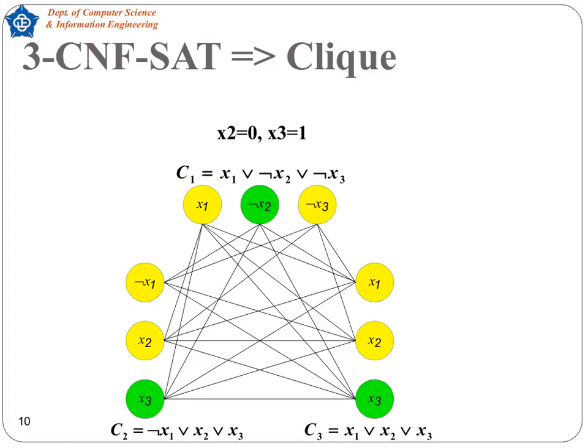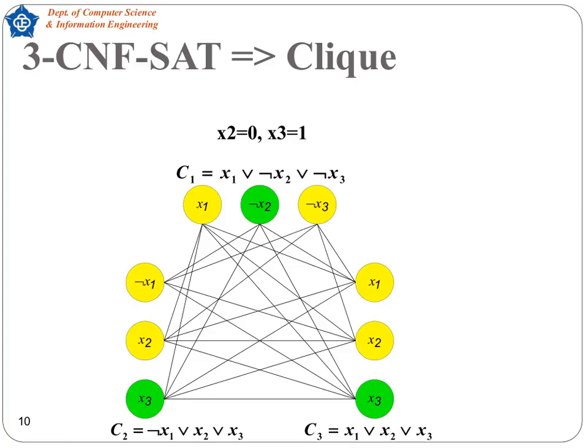For C₁, x₁ or not x₂ or not x₃. C₂, not x₁ or x₂ or x₃. C₃, x₁ or x₂ or x₃. First, we create 3 vertices for C₁, 3 for C₂, and 3 for C₃. Next, we draw an edge between any 2 vertices from different clauses, provided one literal does not negate the other.